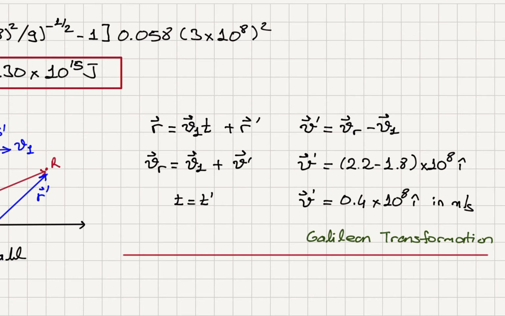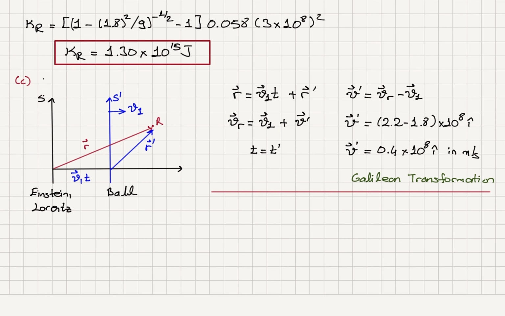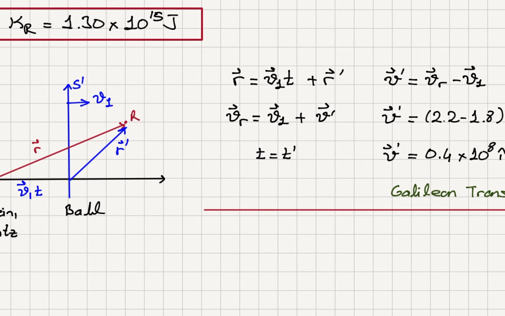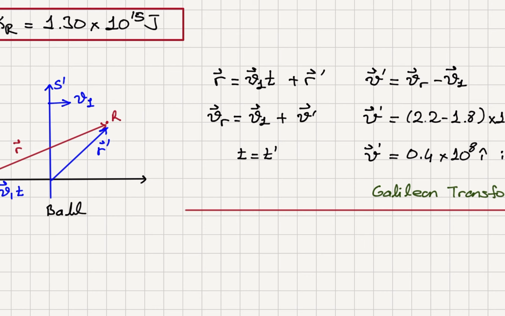However, we know that in the relativistic situation, we cannot use the Galilean transformation. So let's do this properly using the Lorentz transformation. Now, the ball is only moving on the x-axis actually. So I can just say x, the position reported by Einstein and Lorentz, is v1 times t prime plus x prime, times gamma.